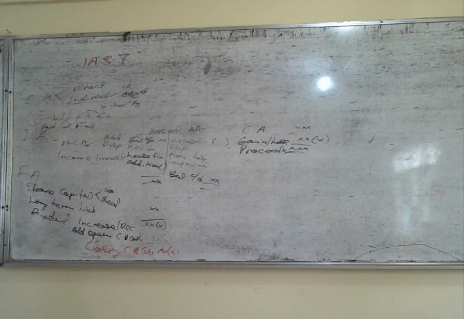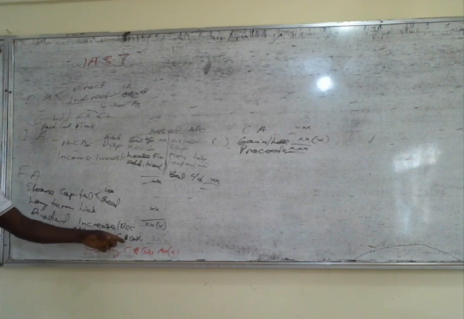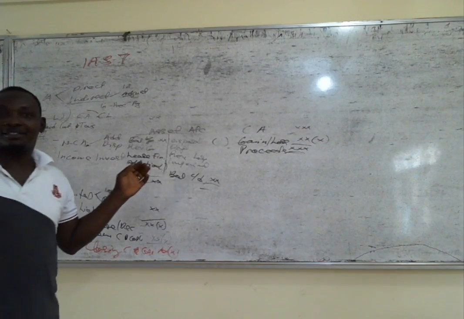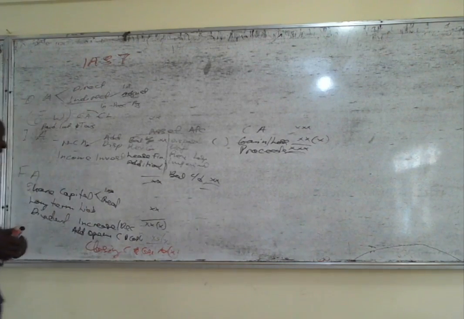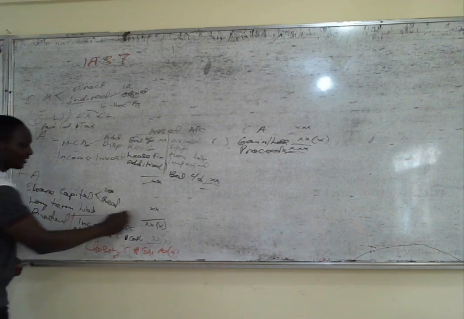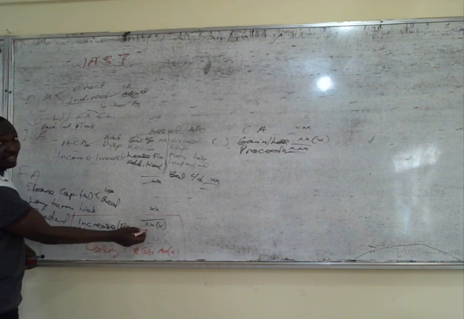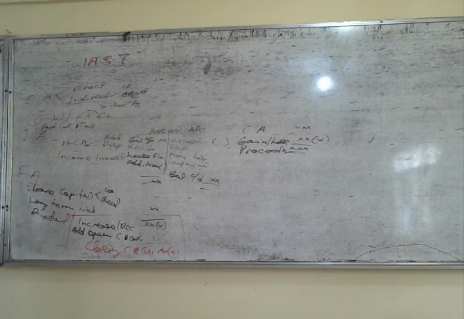The opening cash and cash equivalent and the closing cash and cash equivalent will be in the question, so you have to write them. And even the third one, you can get it. Because so far as you have the closing and the opening given, then the difference will be the increase or decrease.